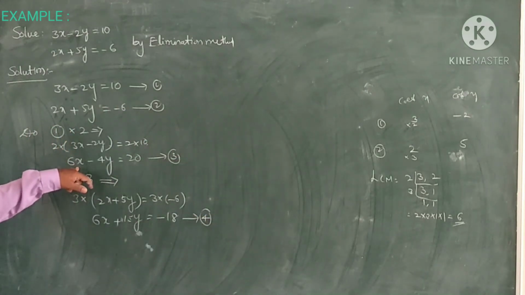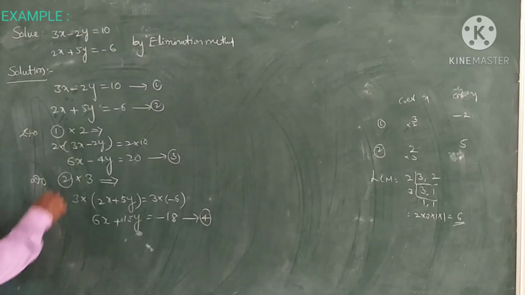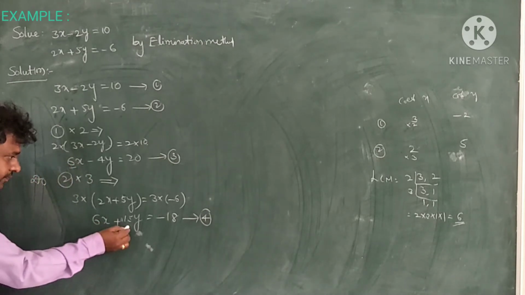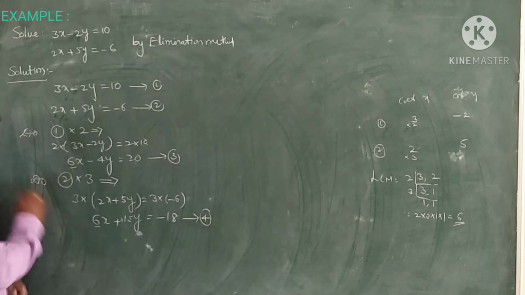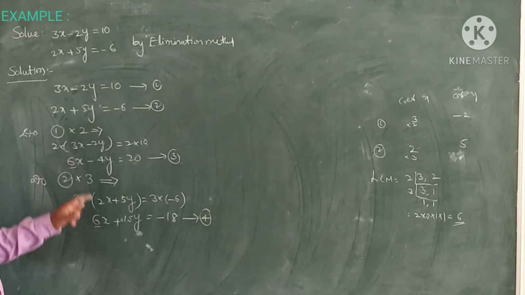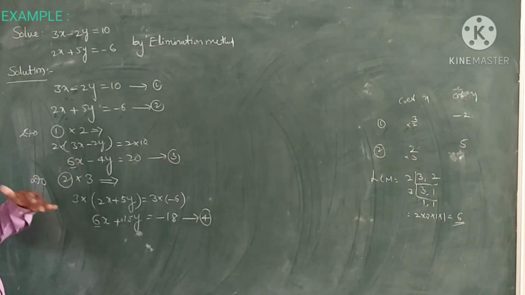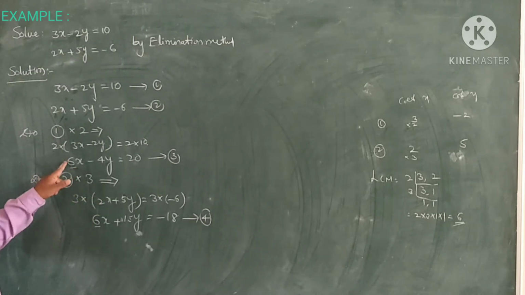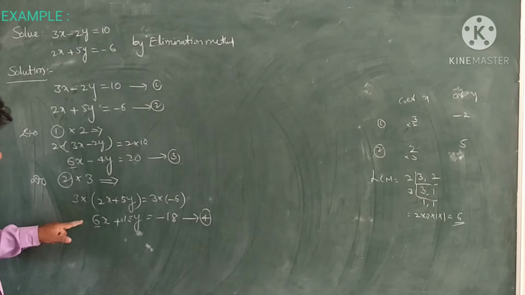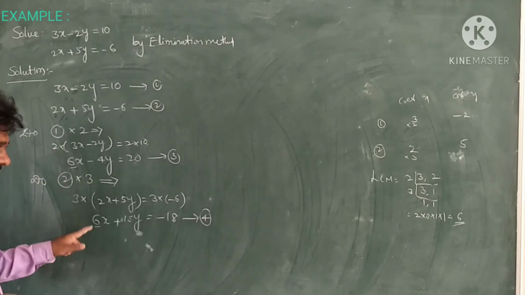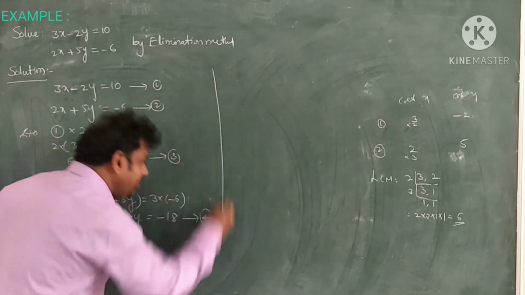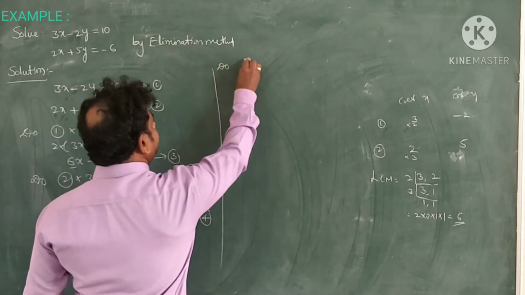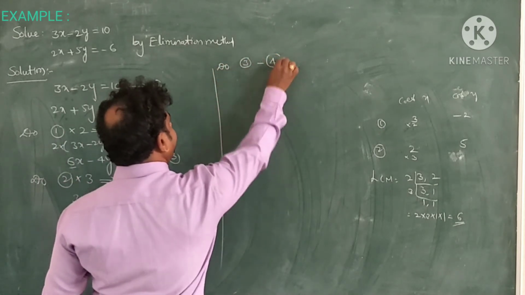Students, observe here. In equation 3, the coefficient of x is 6, and in equation 4, the coefficient of x is also 6. How can we eliminate? What can we do? Think. Yes, we can subtract, so do equation 3 minus equation 4.